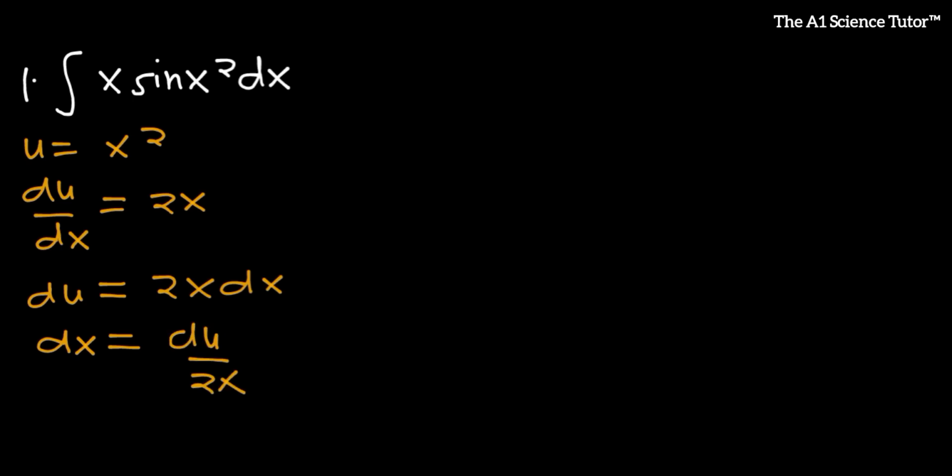So these two forms, I'm actually going to plug them back into the expression given here. So this is going to be x sine x squared. Now x squared has been replaced as u, so we're just going to write a u there.